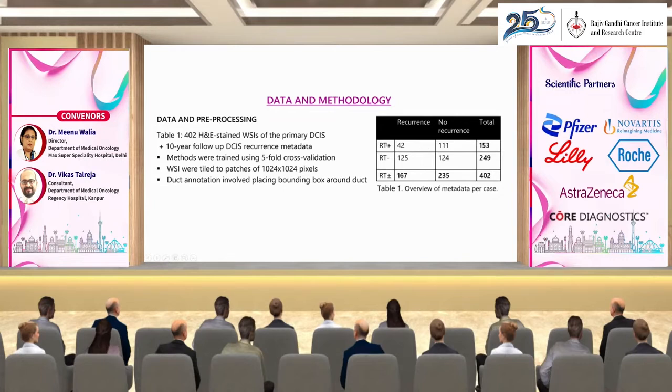And in cases where RT was given, out of 143, only 42 recurred. And the WSI was tiled into patches of 1024 by 1024 pixels. So this was use of patches, and we have seen the slide level approach with the previous two posters.